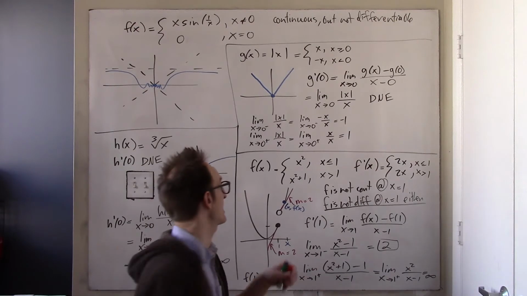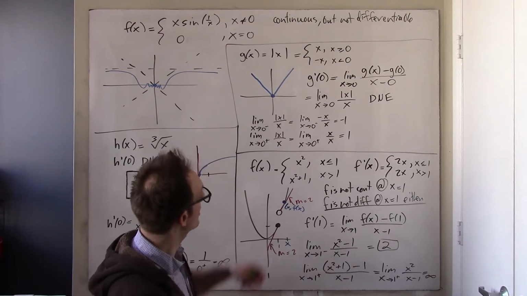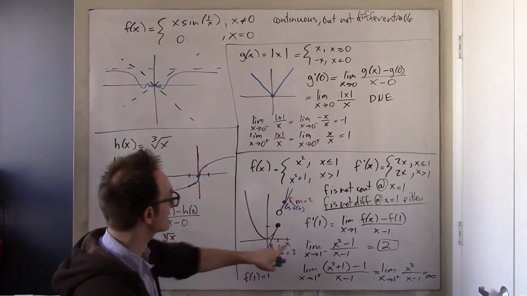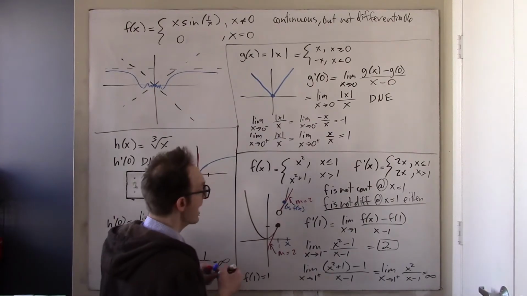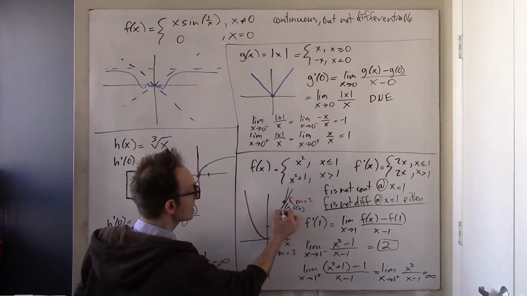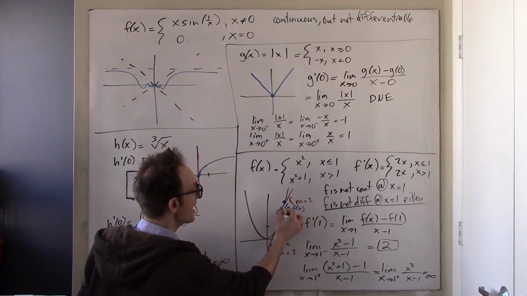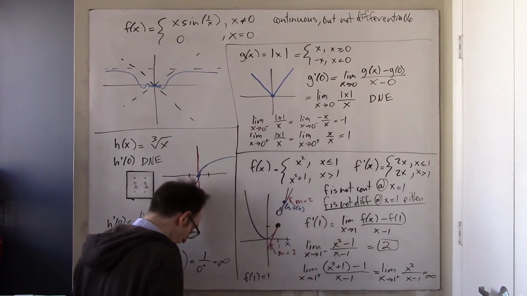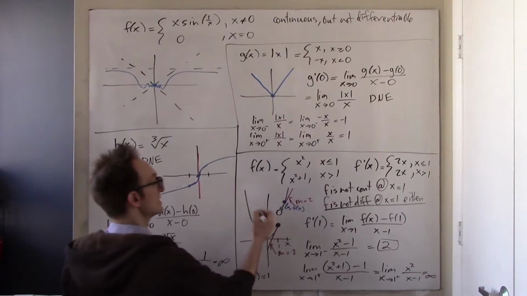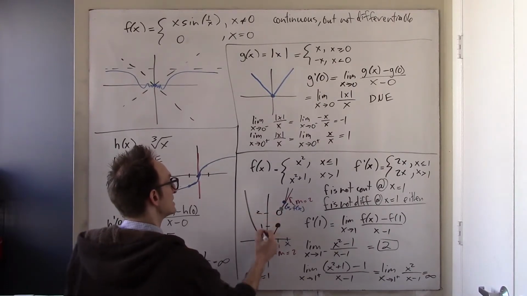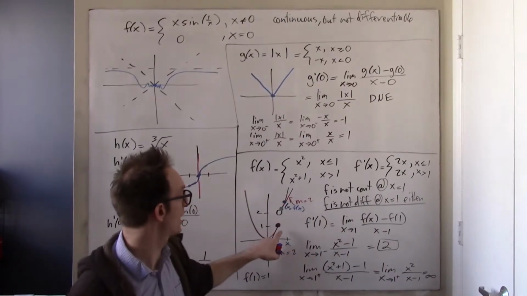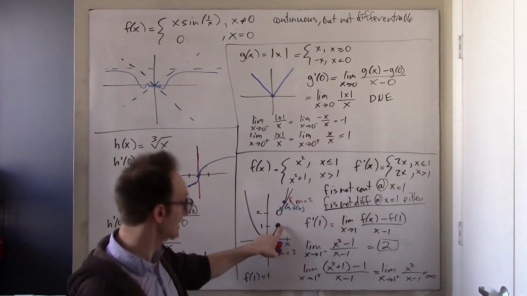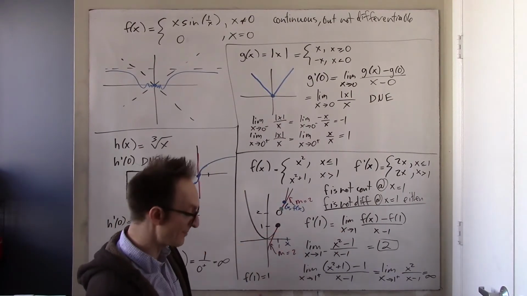Why is this numerator not going to 0? Because when x gets very close to 1, the values I'm considering are right over here, infinitely close to this point 1 comma 2. But the actual y value, f of 1, stays down here at 1 comma 1.